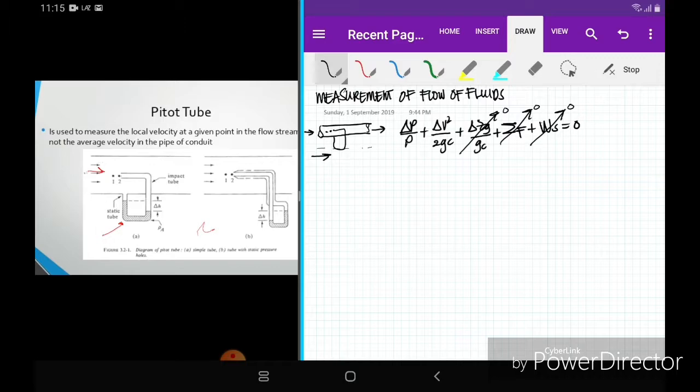Leaving us with the equation, we have delta P over density plus delta v squared over 2 gc is equivalent to 0. Now, if we manipulate this one, this will become v1 squared over 2, v2 squared over 2, plus delta P over density.